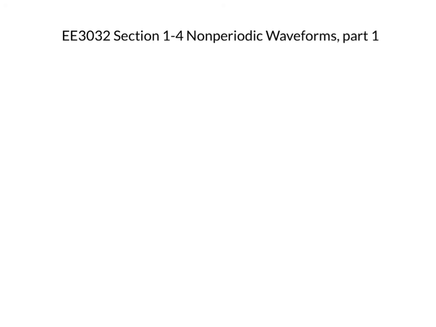So the first one we're going to look at is the unit step function. The unit step is represented by a lowercase u, and it has a time argument. It is the function that has value 0, and then at time 0, it has a discontinuity, and it jumps up to a value of 1.